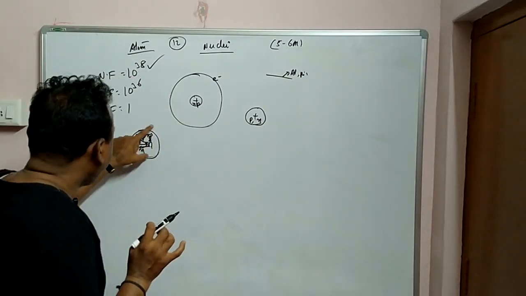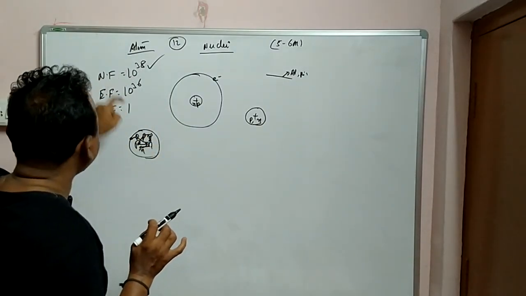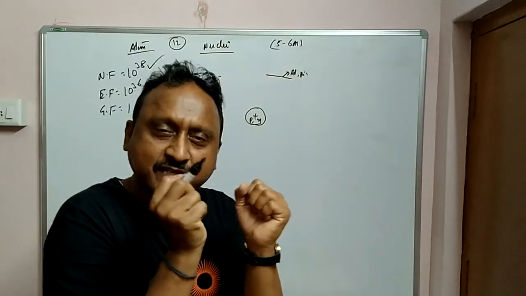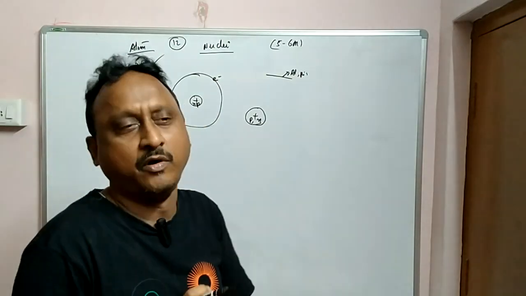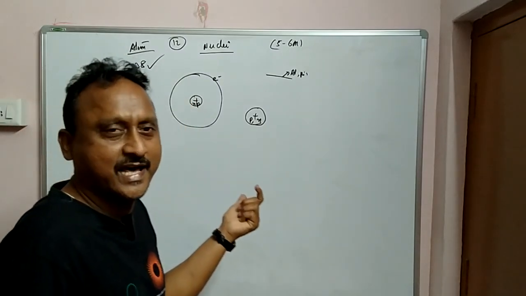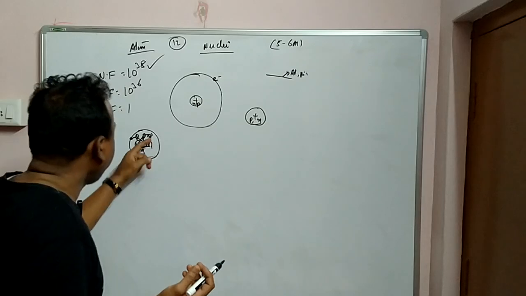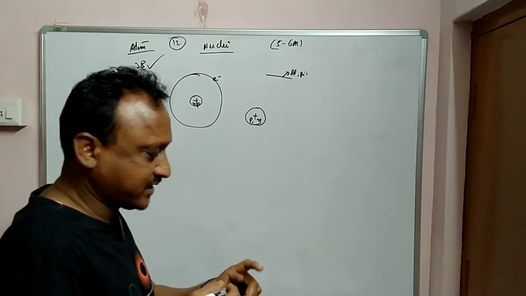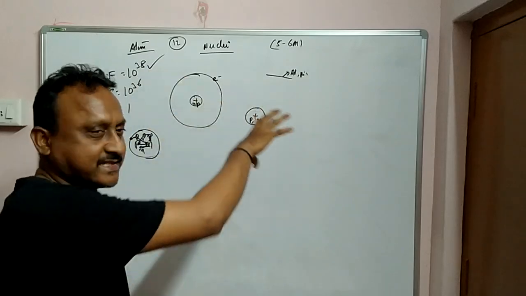But because the nuclear force, the highest force in the universe, acts between proton and proton, and neutron and proton, the nucleons are bound. Because of this force only it is existing.